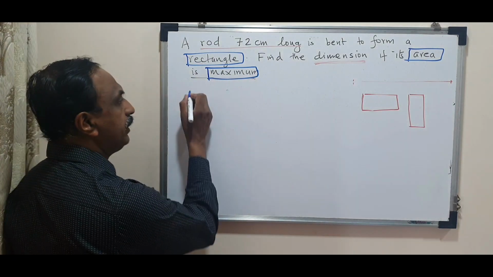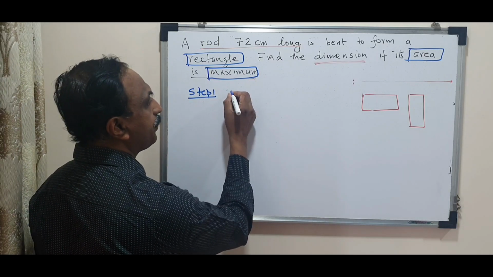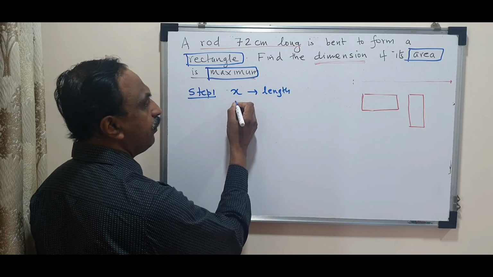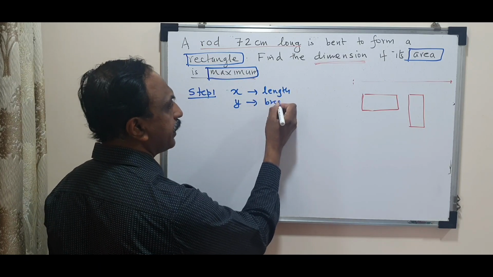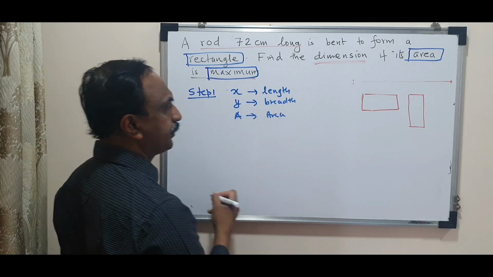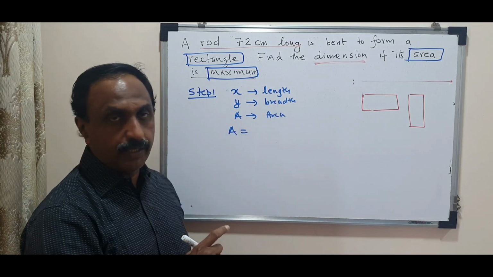So step number 1, we define the variables. Let's say x stands for length of the rectangle, y stands for breadth of the rectangle, and A stands for area of the rectangle.